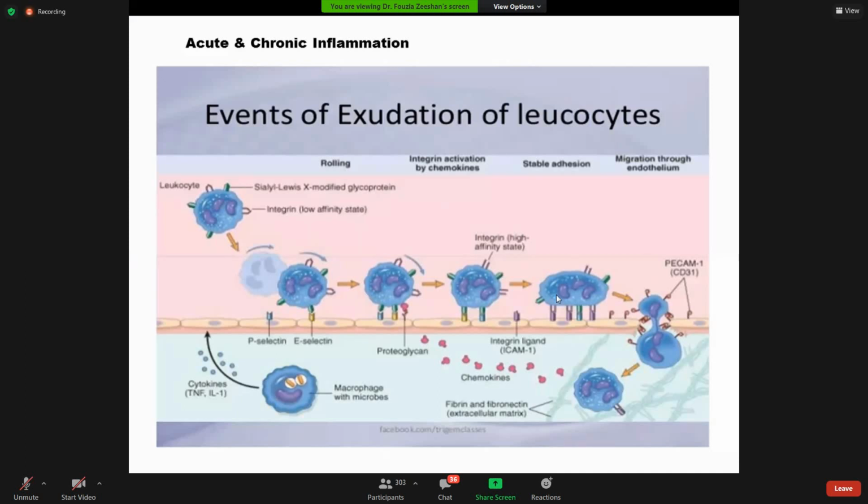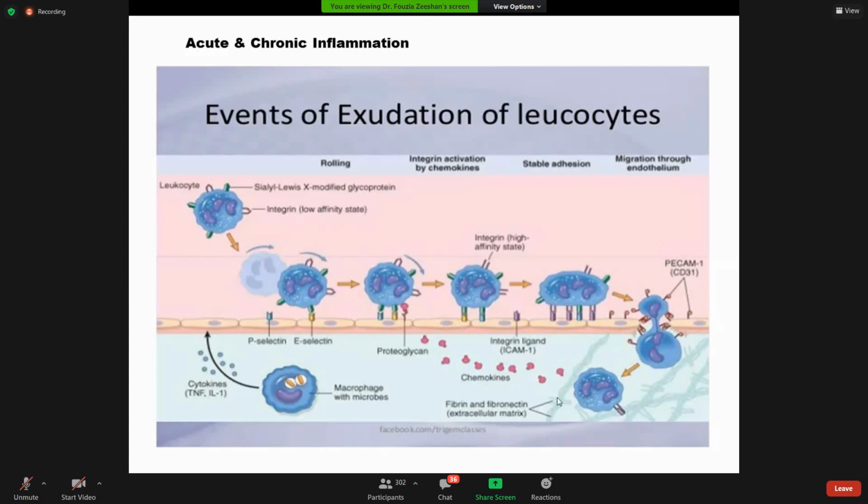Then in adhesion, when the selectins and integrins attach firmly with their ligands, they get stable, and then they migrate through the endothelium via the interendothelial spaces. PECAM or CD31 is very helpful in letting them out from inside the lumen of the vessel.